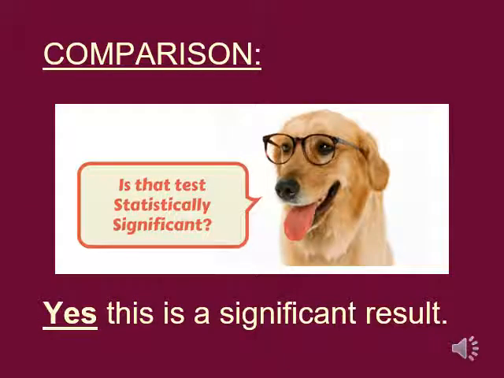When you do your comparison, again, you look to see, is the p-value more or less than the level of significance? Here, that number in scientific notation was less than alpha equals 0.01, and because of that, yes, we do have a significant result.